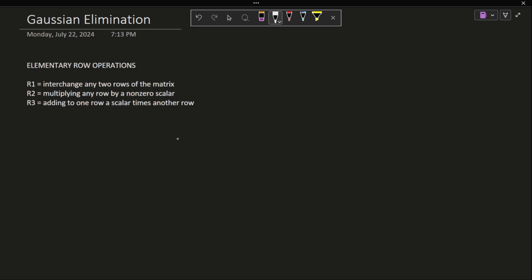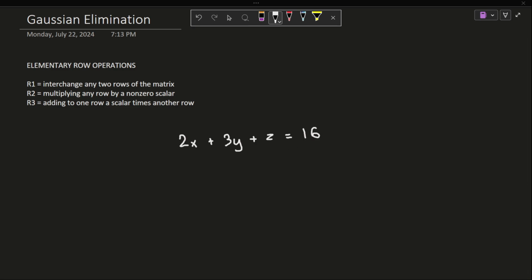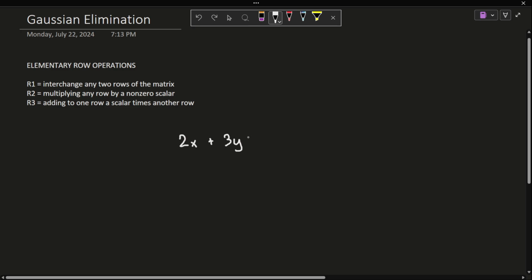We're going to say 2x plus 3y plus z equals 16. And then maybe we can also say something else like, actually I'm going to make this two variables just for simplicity.